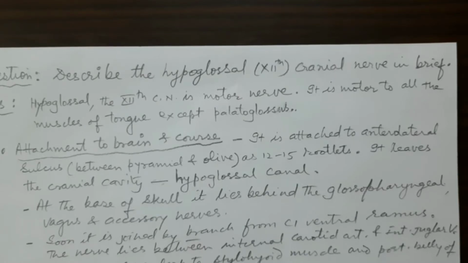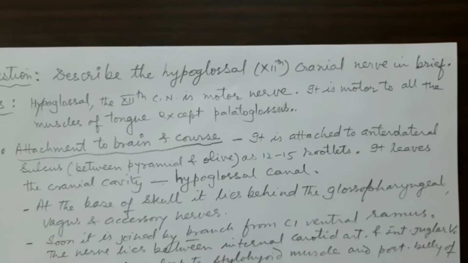The rest of the muscles, both extrinsic and intrinsic, are supplied. Now there are some intrinsic muscles in the tongue which don't have any skeletal attachment, though they are skeletal or voluntary muscle. Then there are the muscles which take origin from the bone, but ultimately insert into the tongue, not into bone but mostly into the mucosa of the tongue, or into the connective tissue septa of the tongue.